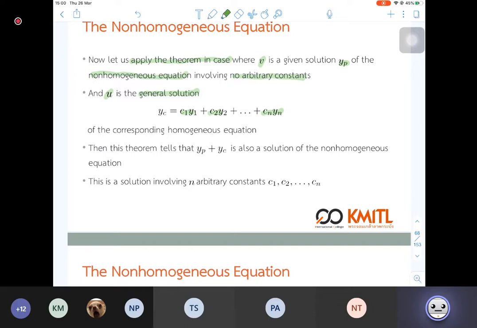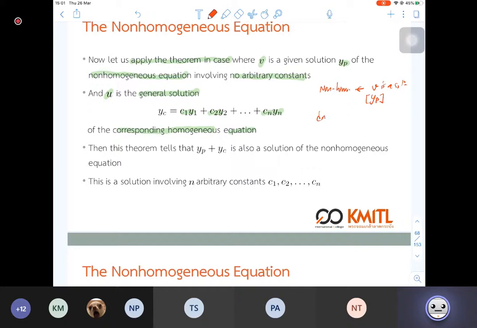And this is for the corresponding homogeneous equation. For the non-homogeneous, V is actually YP, right?